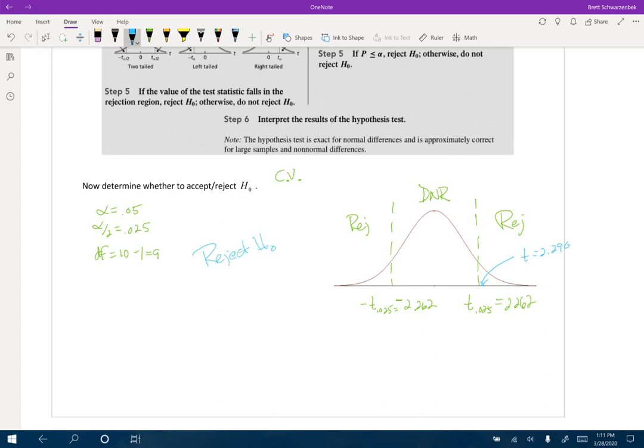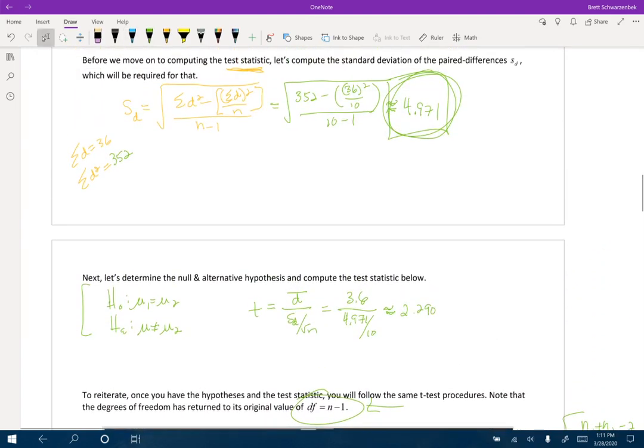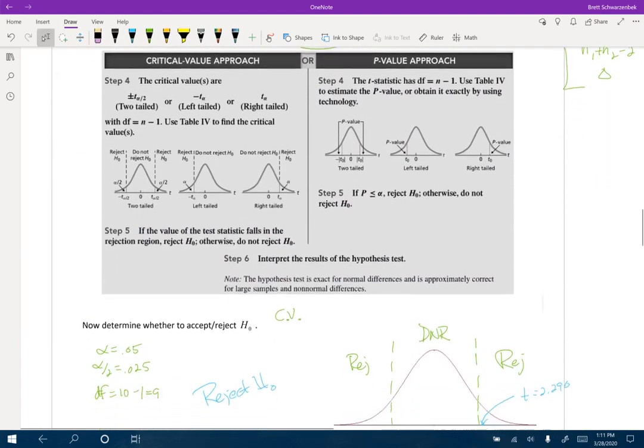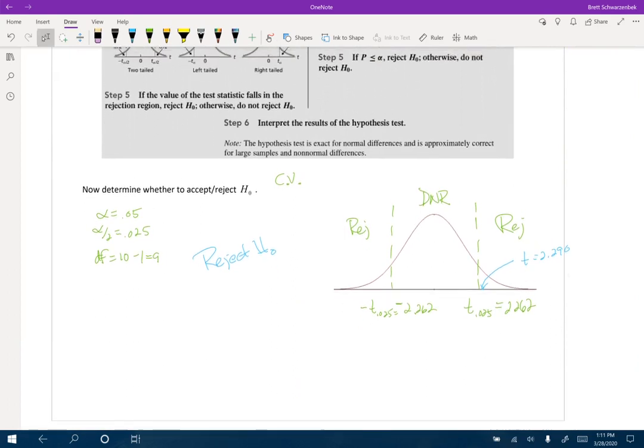So just as a summary, what does that mean? Well, our null hypothesis right here implied that the ages of the husband and wife are the same. So if we reject that, then we are saying that they are clearly going to be different, which will be our overall conclusion for this problem.